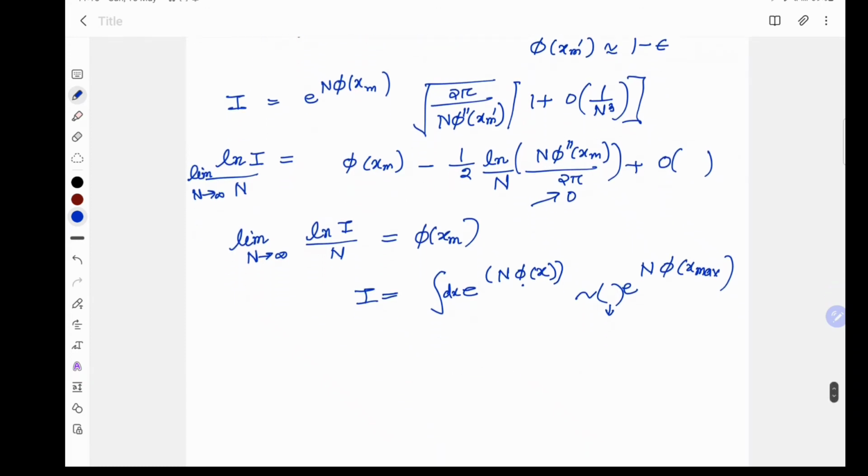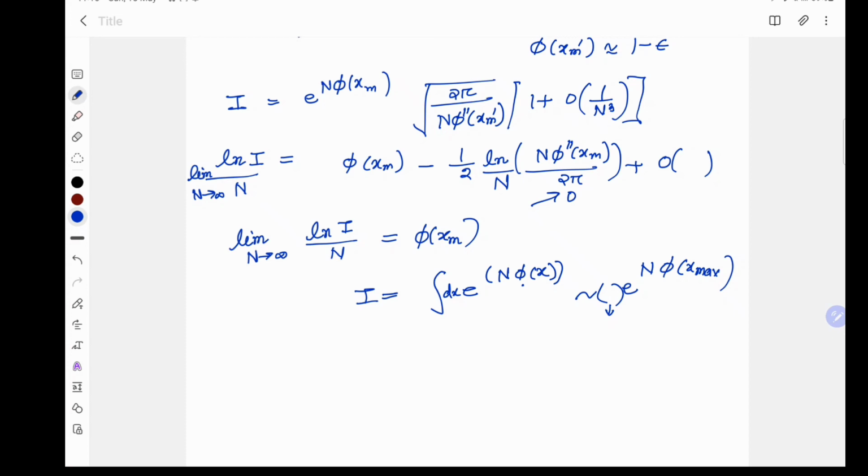If you sum or integrate a large number of quantities which are exponentially dependent on n, in the limit of n tending to infinity, the whole integration or the whole sum is equivalent to evaluating the exponential at the maxima of the phi. So this is the saddle point integration method, and this is very important in statistical mechanics. These kinds of calculations will be very frequently encountered when you do the partition function, averages, and so on.